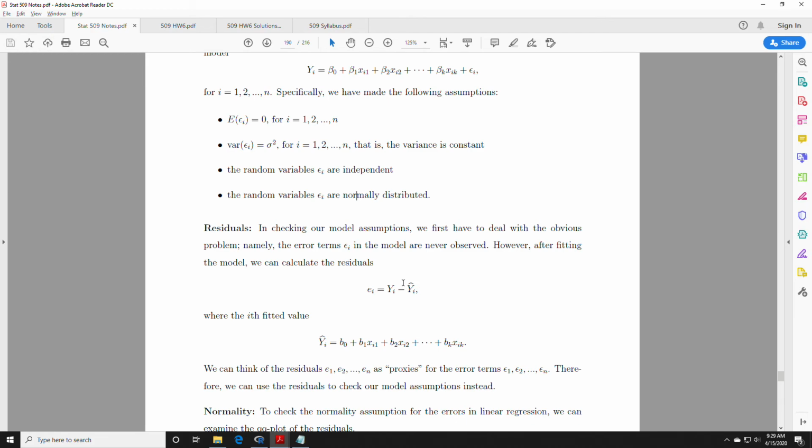And so we can do that for each observation, and then from i equal 1 to n, our sample size, we'll have a set of residuals. And so we can see if that set of residuals appears normally distributed. And if so, that is the best way to indicate whether we have evidence that the error terms are normally distributed.